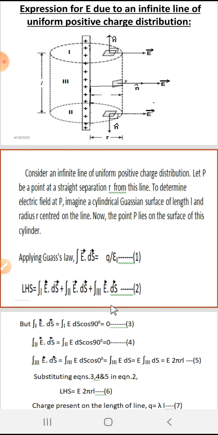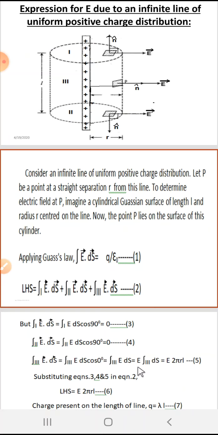The third part is the integral of vector E dot vector ds over the third surface, the curved surface. Over the curved surface, vector E and n cap lie along the same direction, so the angle between vector E and vector ds is 0. The integral becomes E ds cos 0, which is E ds.